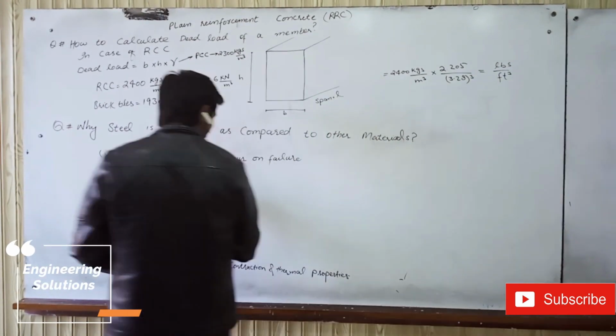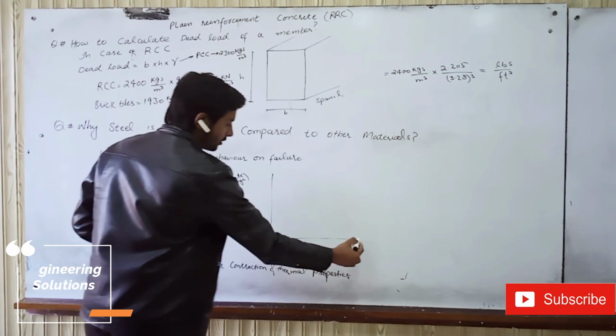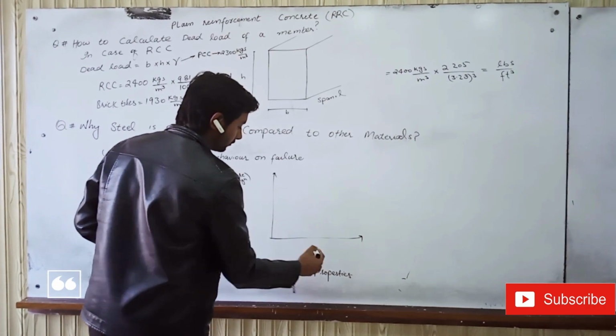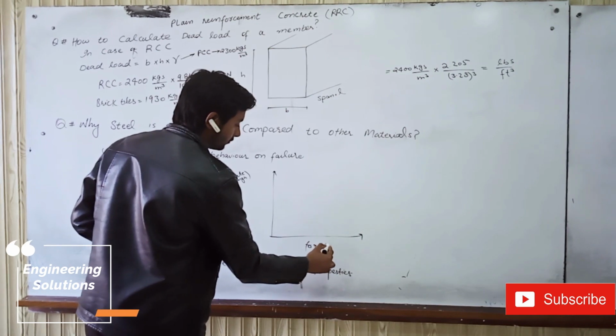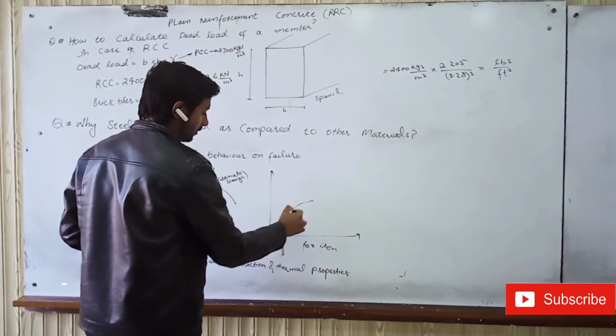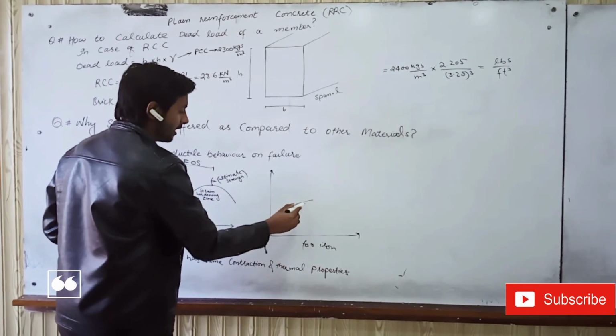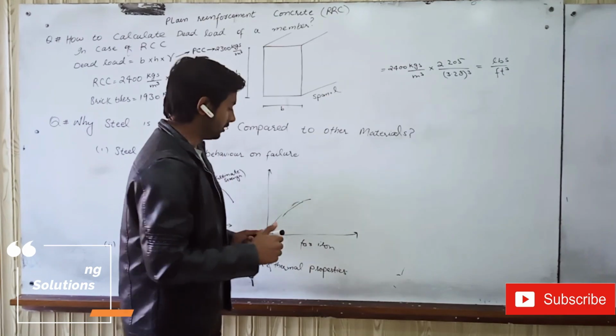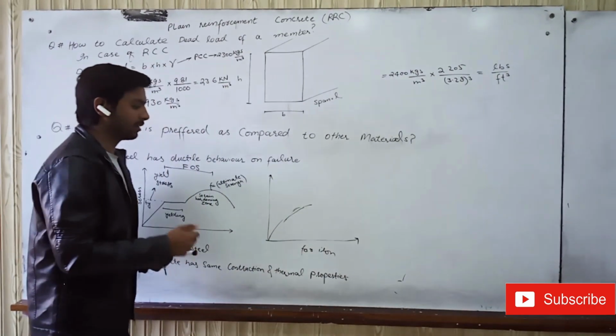For example, if you draw the stress strain curve for iron, the curve is just like here. We can see that iron gives no warning before failure, and that is not good for structural members.